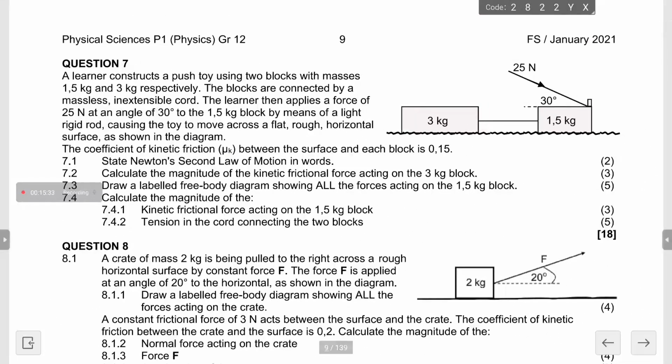Now we can clearly see there is a diagram of two blocks, the 3 kg block and the 1.5 kg block. But then let's start off by reading the statement. It reads, the learner constructs a push toy using two blocks with masses 1.5 kg and 3 kg respectively.